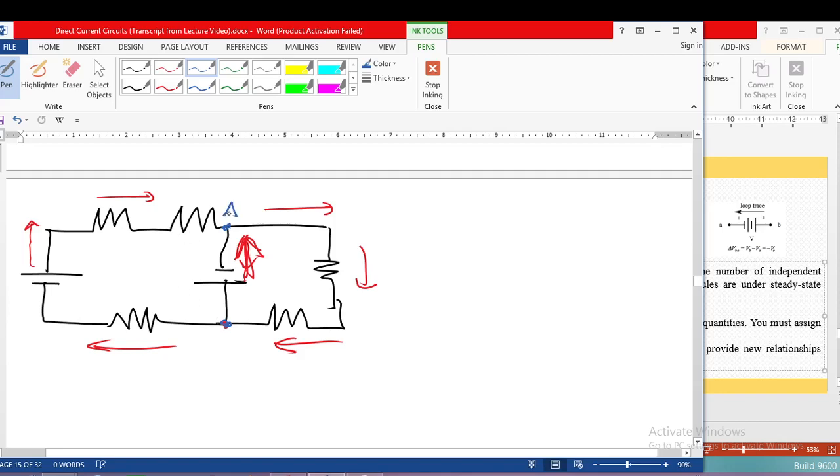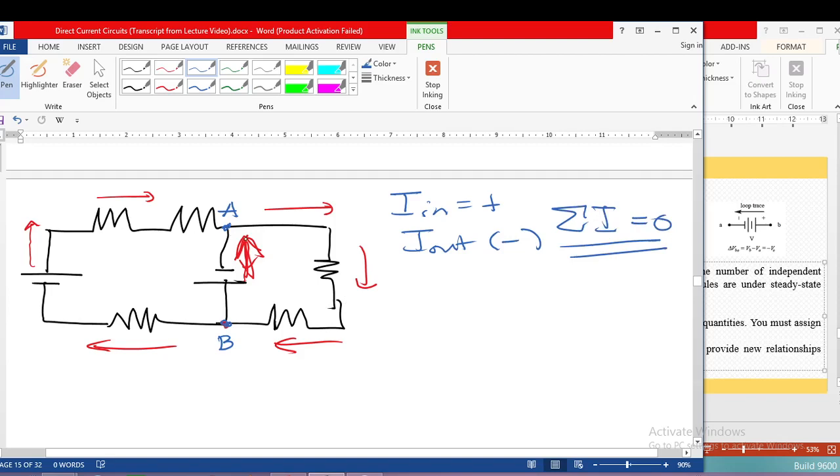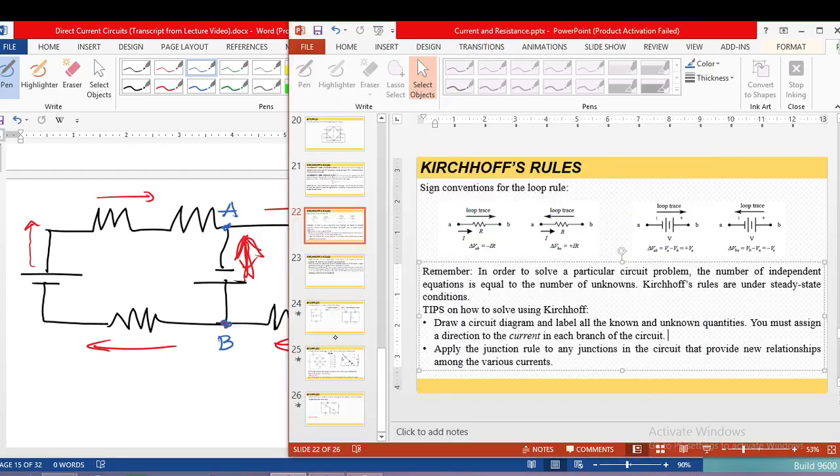You can call this one junction A or junction B. So using the assigned current and the convention of the current that katong ni sulod are all positive, katong ni gawas sa junction are all negative. Then use this relationship to get a new relationship between currents at junction A or junction B. So you have to provide all the relationships for all junctions. Okay, not only for one junction.